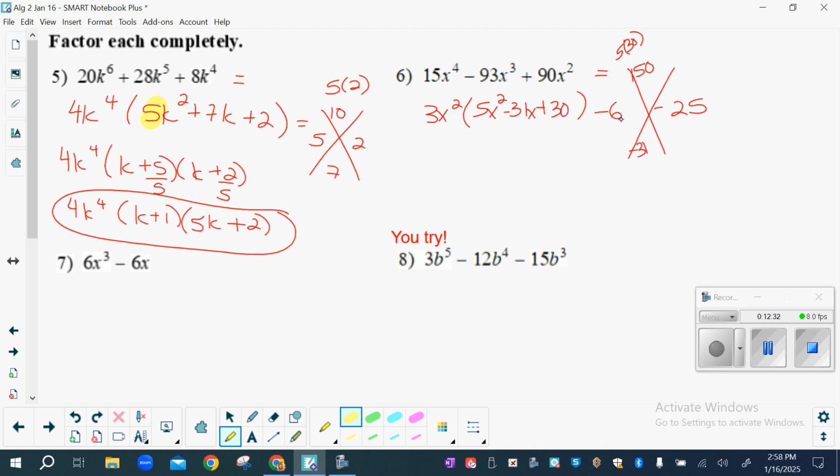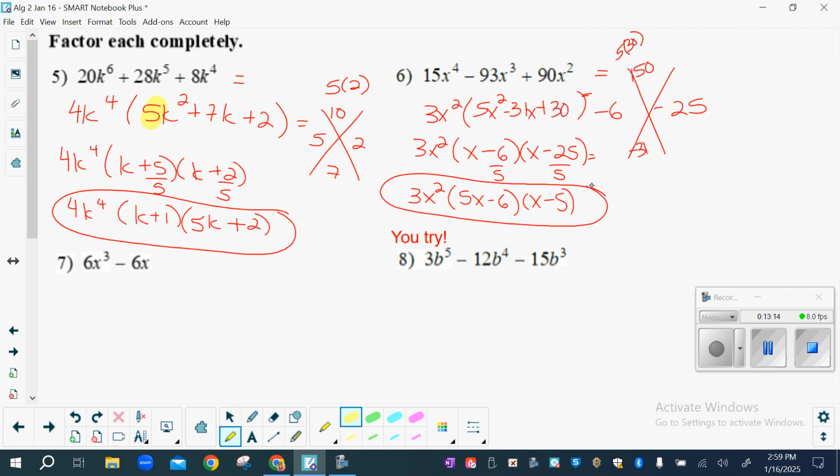You know that 5 and 30 won't work, so think about a number that goes into 30. 6 is a number that goes into 30. So now we get 3x squared times x minus 6, x minus 25. What next? Divide by 5. So 3x squared times 5x minus 6 times x minus 5.